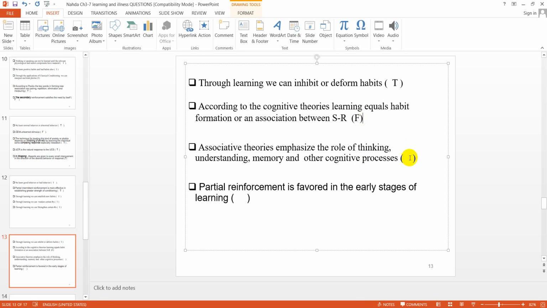No, this is the cognitive theories. False. The correct answer is cognitive theories emphasize the role of thinking, understanding, memory, and other cognitive processes. Partial reinforcement is favored in the early stages. No, continuous reinforcement is favored in the early stages of learning.